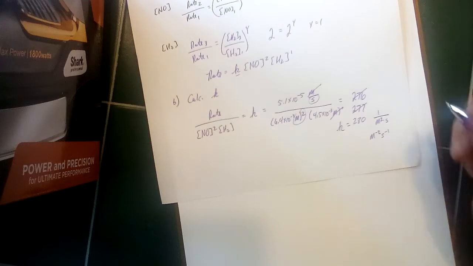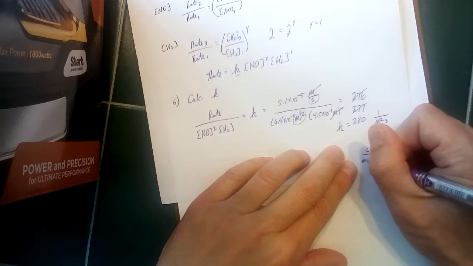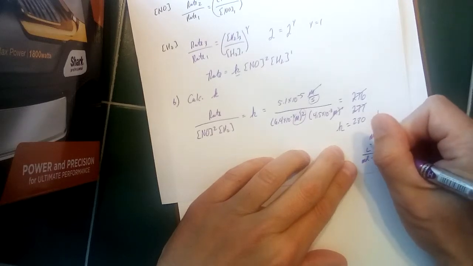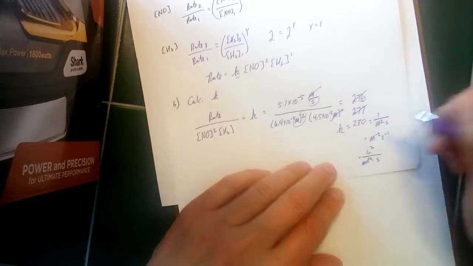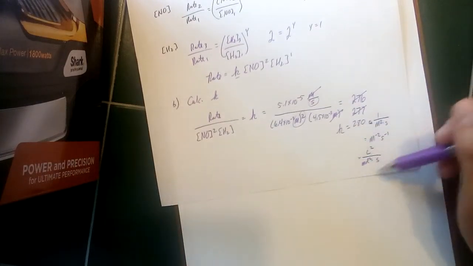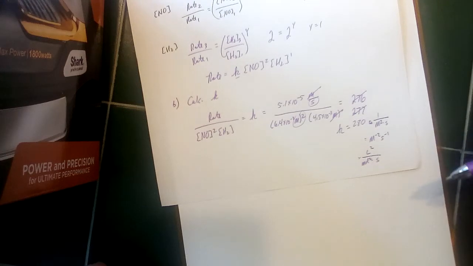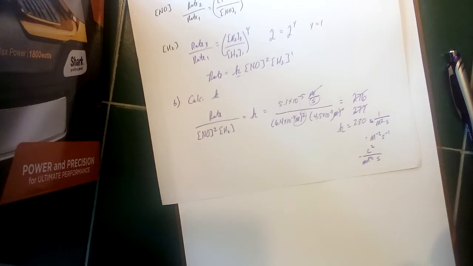But you can also split up molarity. Molarity on the bottom is liters per mole. So this could be liters squared per mole squared second. All of those would indicate a third order overall reaction, and that's going to be an important piece of information to pick up on when we get into integrated rate laws in the next video.